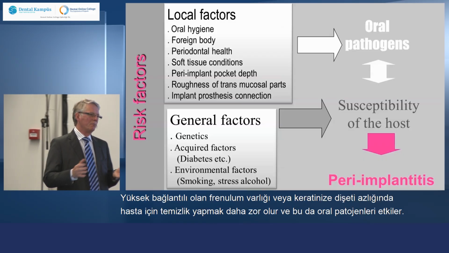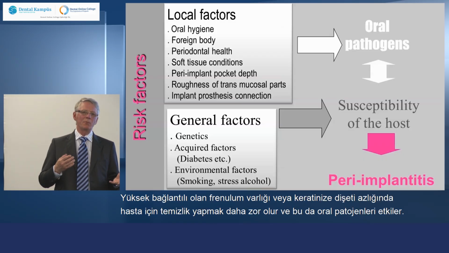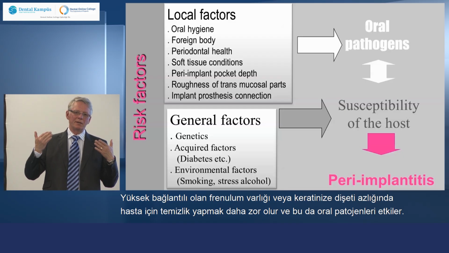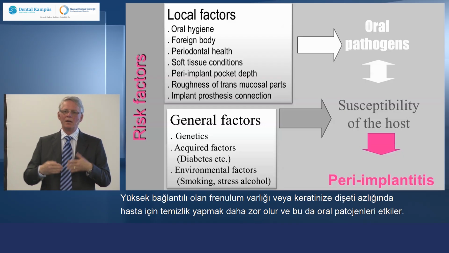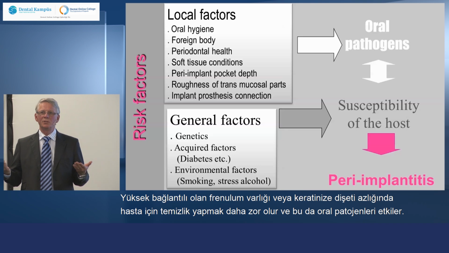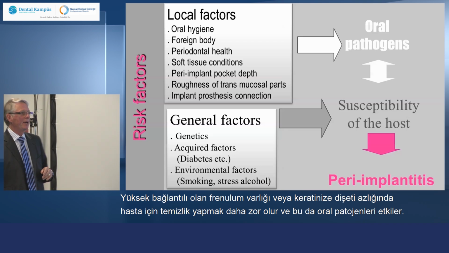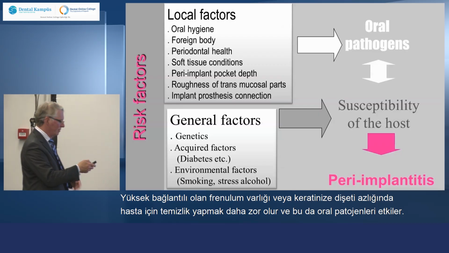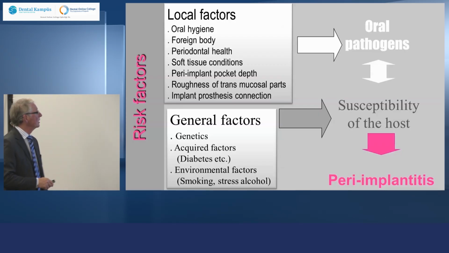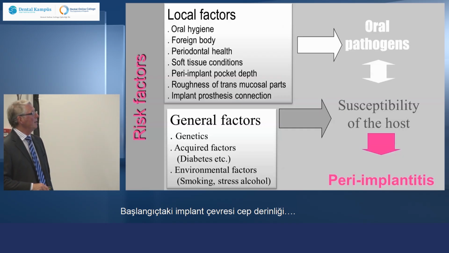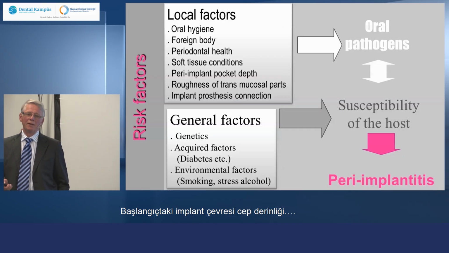We have situations where we have frenula that attach very high up, you have no keratinized gingiva and so forth, making it more difficult for the patient to clean, which favors the oral pathogens. The initial peri-implant pocket depth as well.